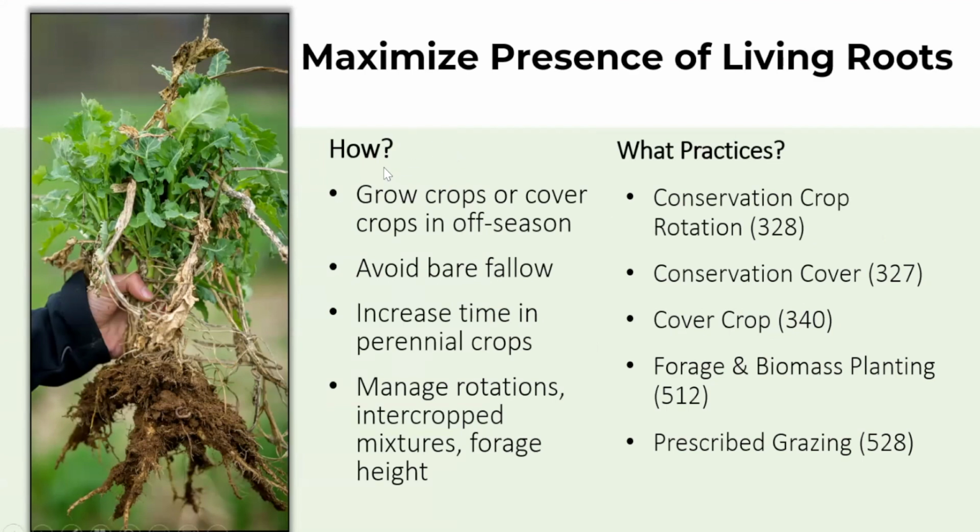So how do we maximize the presence of living roots, right? Growing crops or cover crops in and off season, right? So we really want to grow something living, something green for as much of the year as possible. We really want to avoid bare fallow situations, whether it's all year or whether it's over the winter.